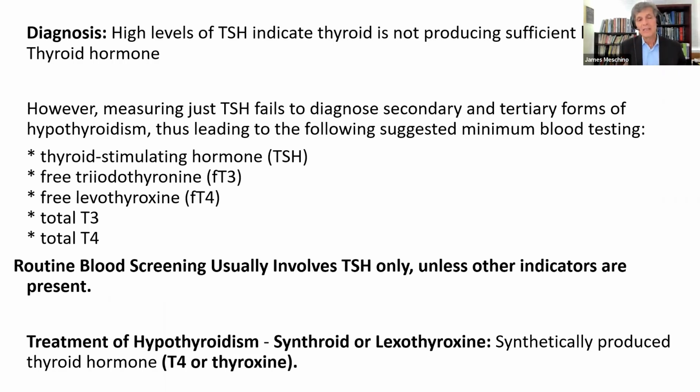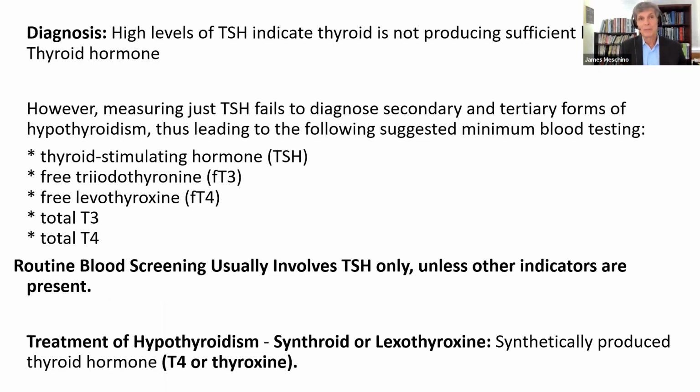In routine analysis, if you go for just an annual physical exam and you don't have any symptoms of an overactive or underactive thyroid, normally they will just do a TSH blood test. But I'll show you that the value of the TSH blood test is actually invaluable if you get to see the numbers. The person has hypothyroidism that is really overt.